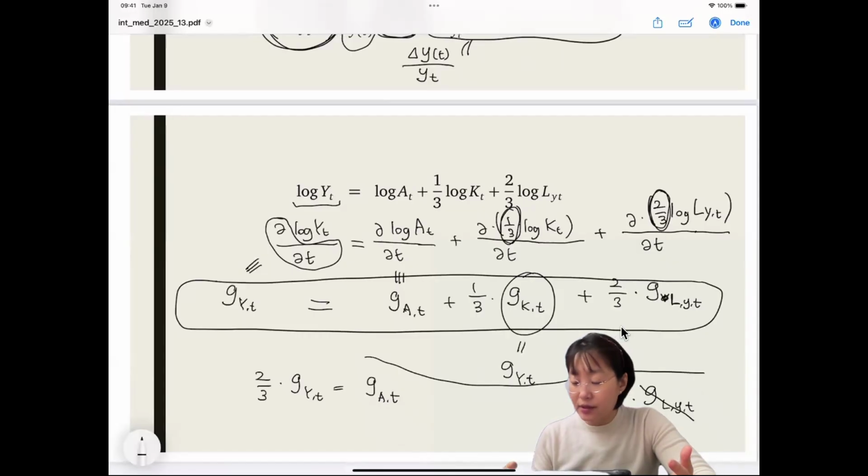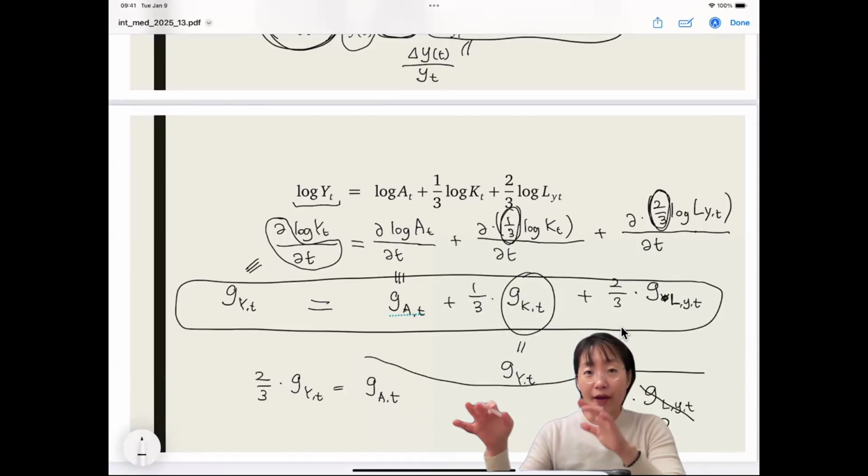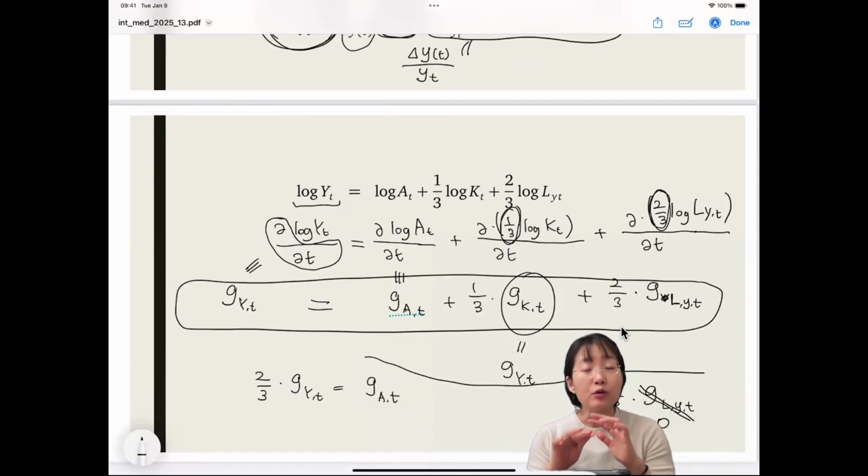But actually this is 0. Why? Because the population does not change and the allocation of workers in the manufacturing sector and R&D sector are fixed. So there is no change at all over time in the allocation or number of workers in the manufacturing sector. So the growth rate is 0, or rate of change is 0. So we can ignore the whole thing.